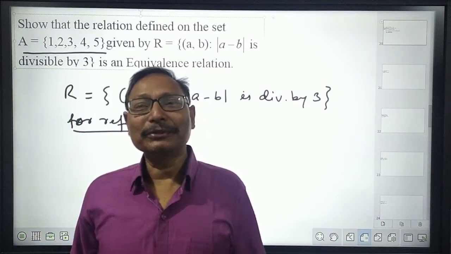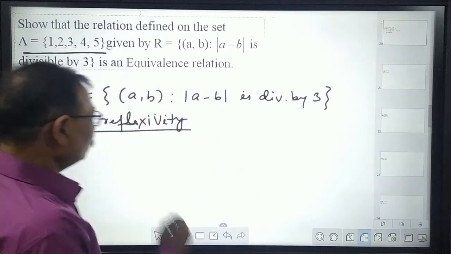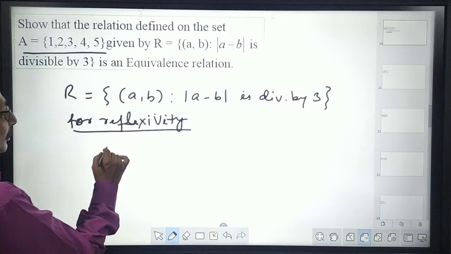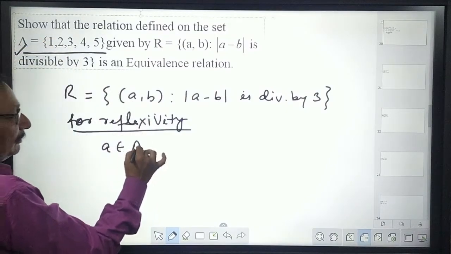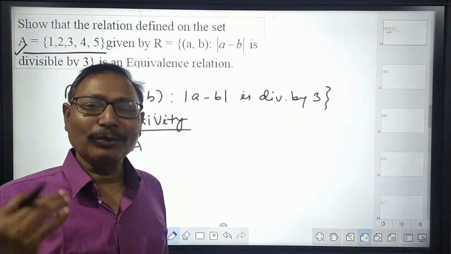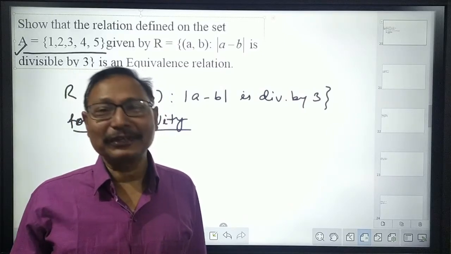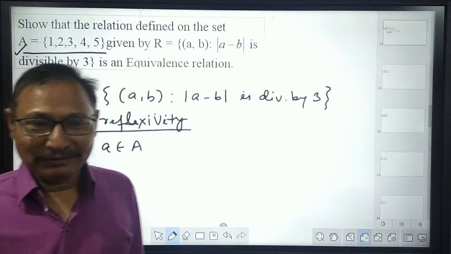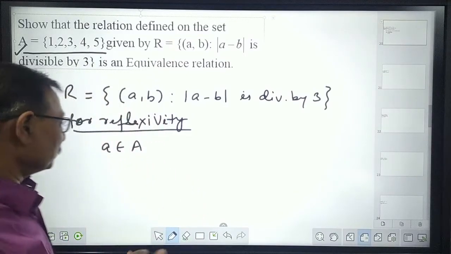So let there be an element A inside this given set A. Then our duty is to show that A comma A is also a member of this relation. If it happens, then we will say that this is reflexive, otherwise this is not a reflexive relation.